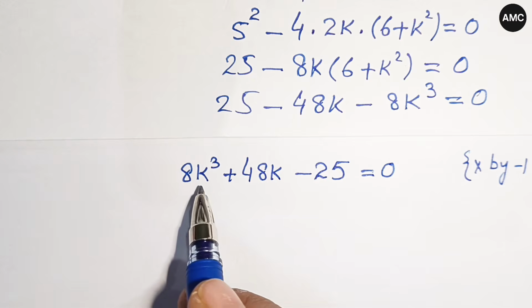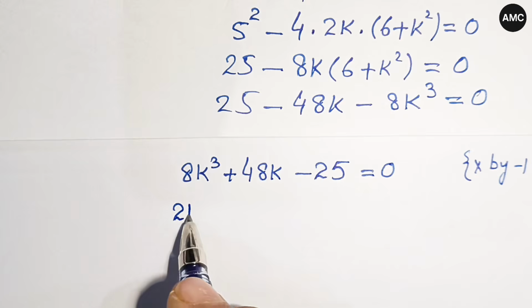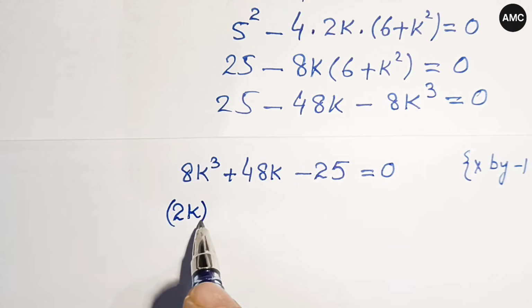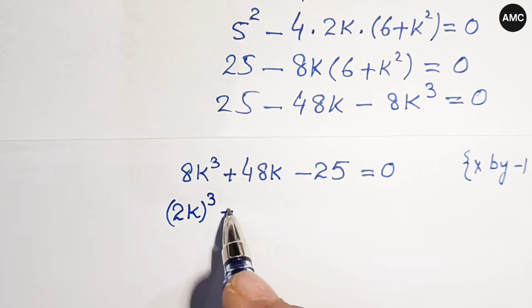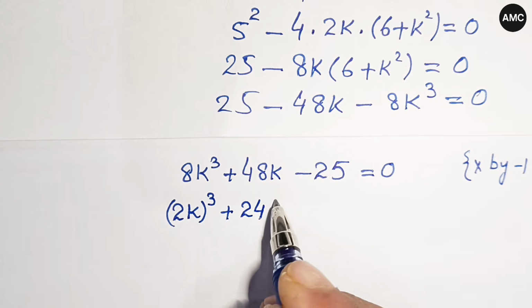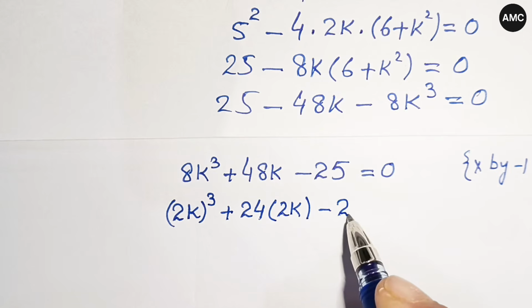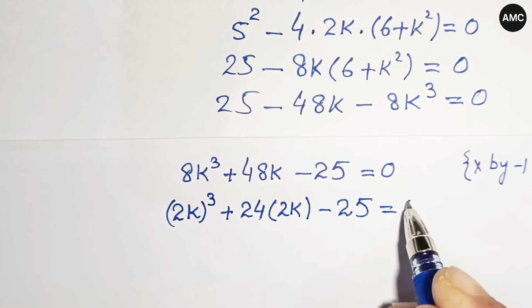Now this 8k cubed can also be written as, since 8 is actually 2 cubed, 2k whole cubed is equal to 8k cubed, and plus 48k can be written as 24 times 2k, minus 25 is equal to 0.